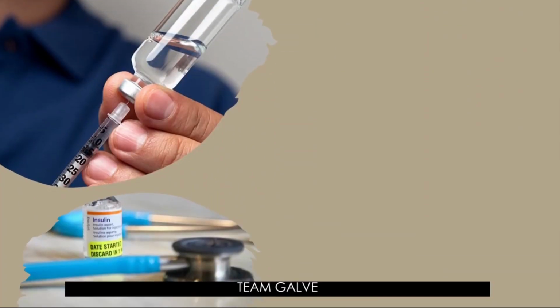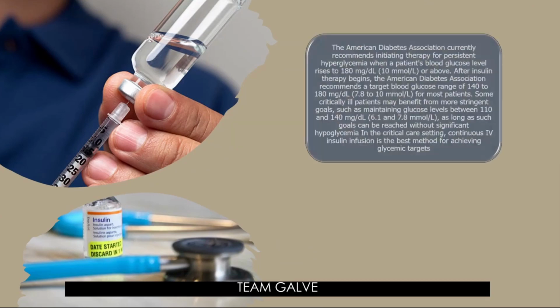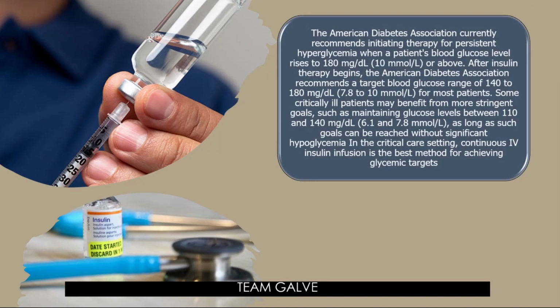Furthermore, let me give you additional information in terms of introduction. The American Diabetes Association currently recommends initiating therapy for persistent hyperglycemia when a patient's blood glucose level rises to 180 milligrams per deciliter, o yung 10 mmol per liter or above.